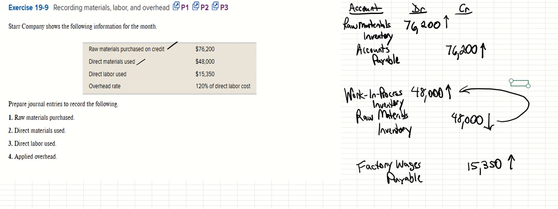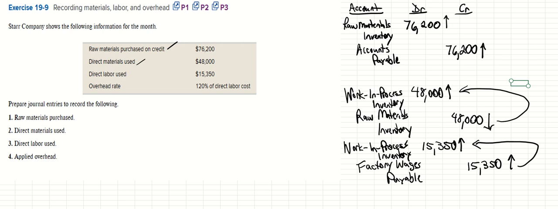So think of factory wages payable as direct labor, because that's direct labor that was used. So these are assembly workers that actually are directly involved in the process of producing products. Since they're involved in producing the products, the account that's going to be debited is work in process for $15,350, and that's going to increase.